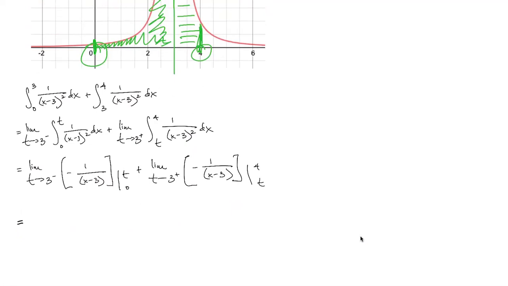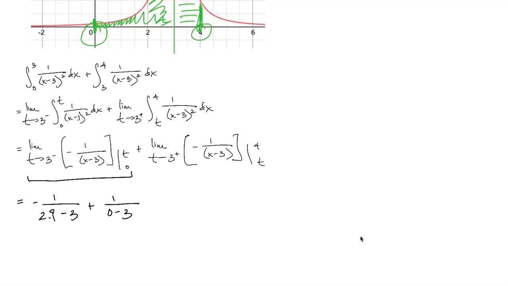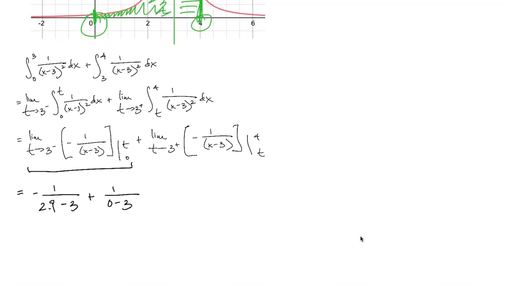All right, let's plug in for this first one over here. I get -1 over, I'm approaching 3 from the left, so let's pick like a 2.9 minus 3 plus, because it's minus 1 over 0 minus 3. And so from here, I can immediately tell, like, this one's going to be fine. -1/3 is totally fine.